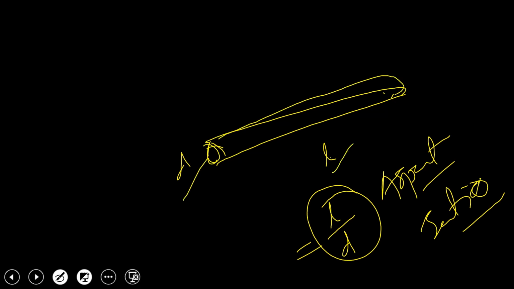Basically this ratio indicates the slenderness of the workpiece. A slender workpiece means a thin workpiece that has a large length. That kind of object we call a slender workpiece. So this L by D, or aspect ratio, indicates the slenderness of the workpiece. This is the first characteristic associated with the particle.